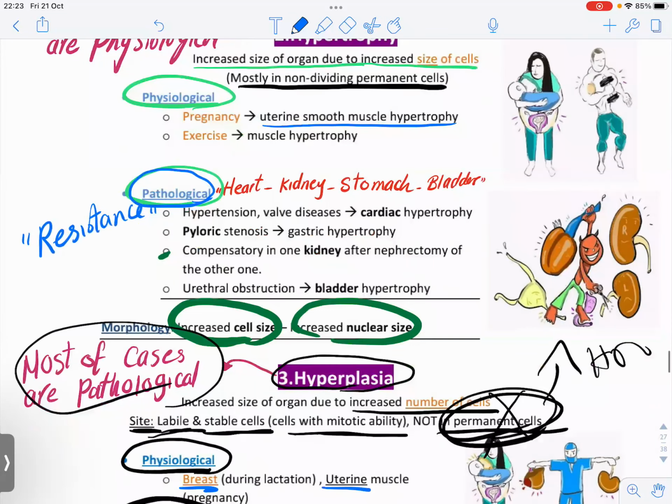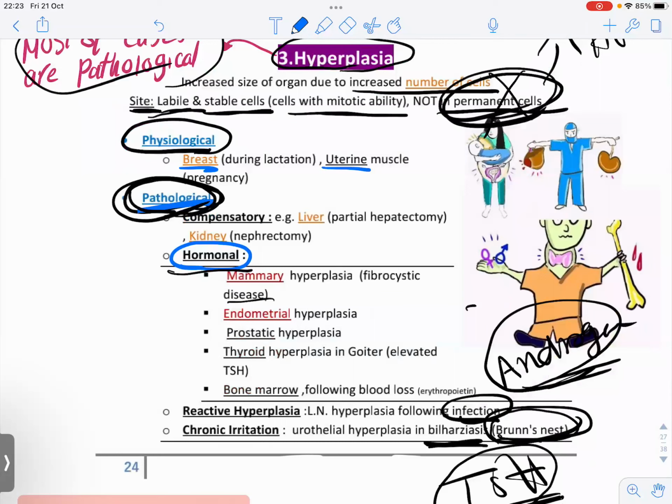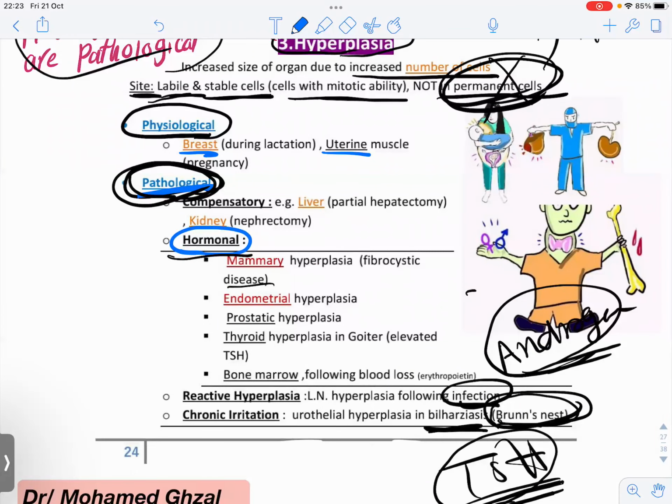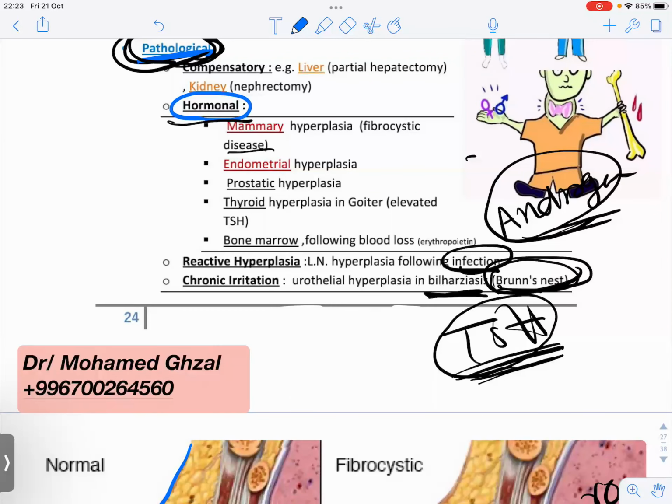And hyperplasia is an increase in number, and it happens in labile and stable cells. It's both physiological and pathological, but mostly pathological. Pathological examples are hormonal, like estrogen, which can cause mammary hyperplasia or endometrial hyperplasia, and androgen, which can cause prostatic hyperplasia.